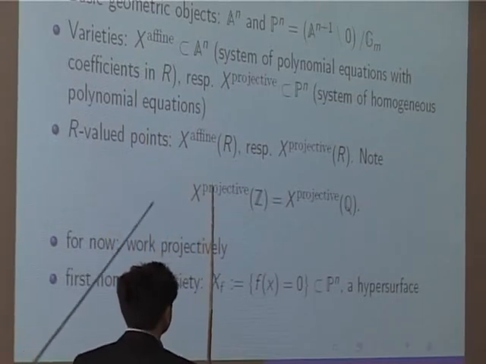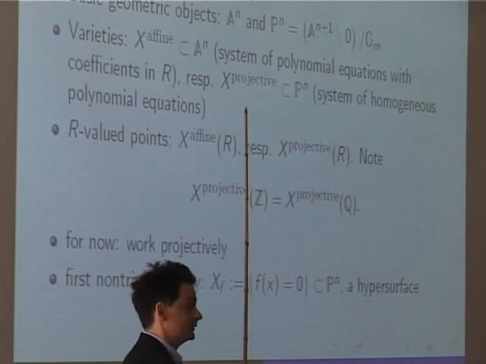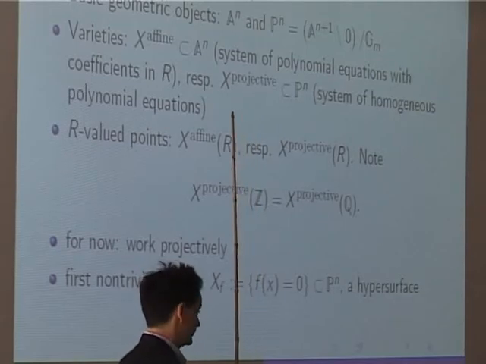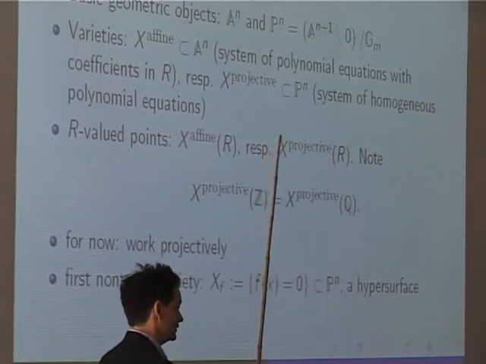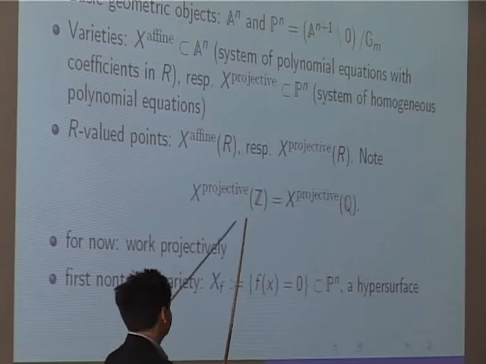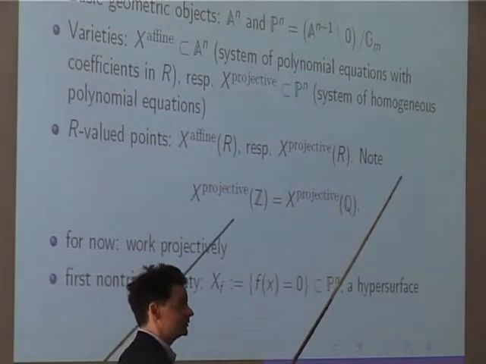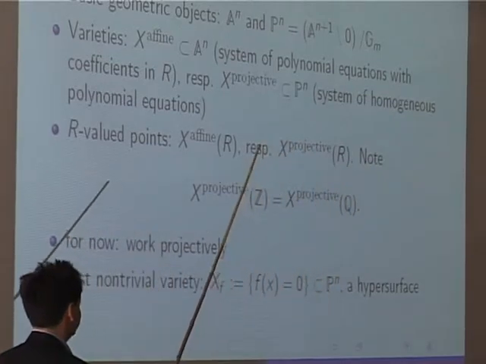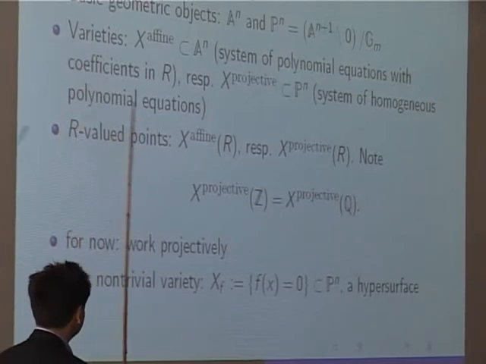And why do we like projective geometry better than affine geometry? I guess they discovered that in the Middle Ages. You have these parallel lines, and it's better if they meet. So it's easier in geometry to first focus on projective varieties. And this is what we will do first. But we will also discuss integral points in the last lecture.